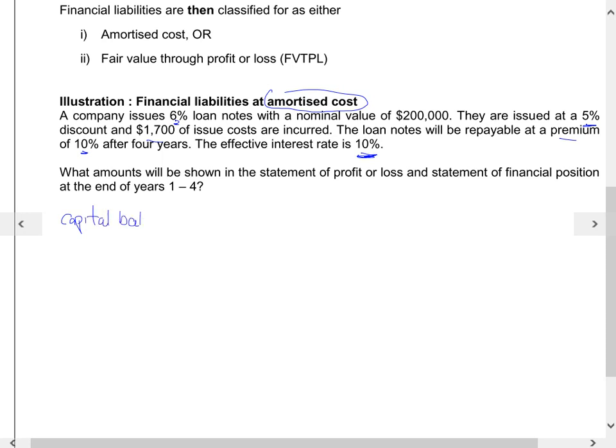So let's finish off 4 years. Year 2. This is my brought down balance in year 2 beginning. I'm going to plus effective rate at 10% times 195,130.